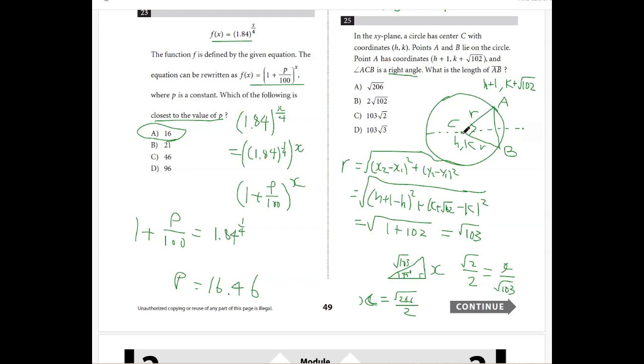However, because I cut this right triangle like this, we only determined the x right now, but AB is 2x. So all we have to do here is multiply square root 206 over 2 by 2, and that gives you square root 206. So A is the correct answer.